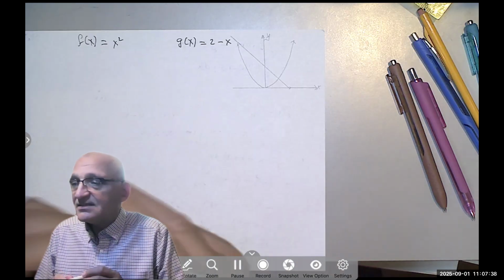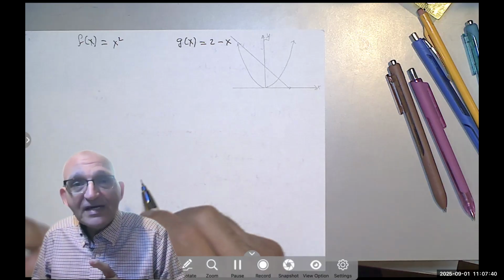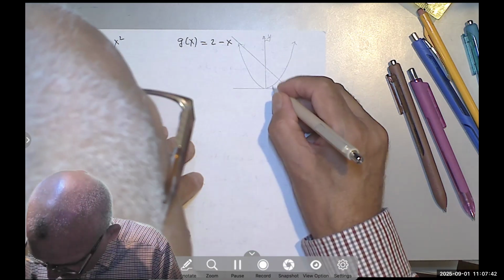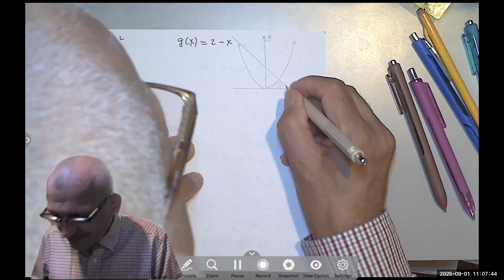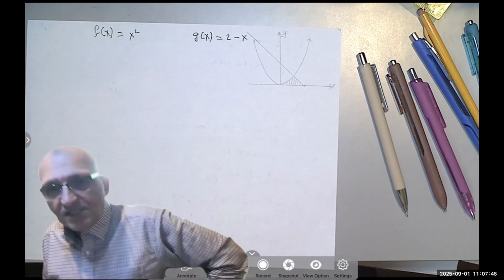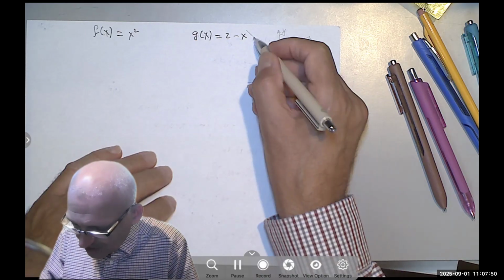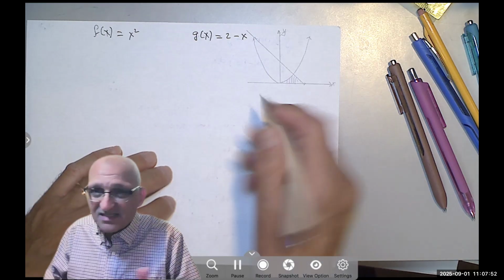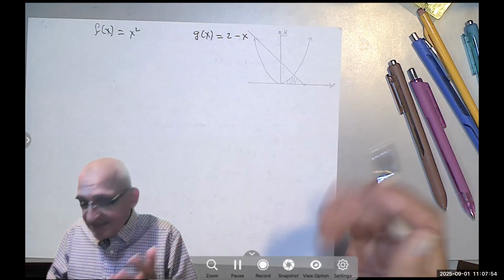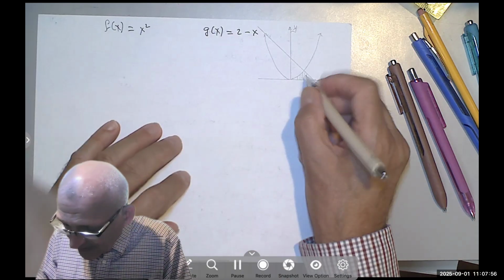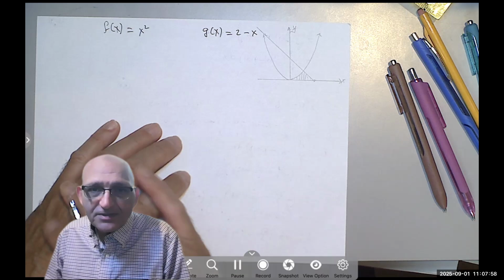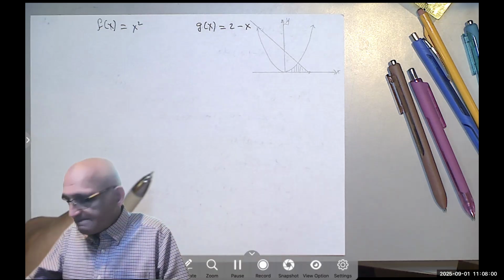But here, they want you to find this area. That's what I wanted to tell you. It's a little trickier than before. I don't want the area between the two curves. This is exactly the example we did. But now I want to find the area between these two shapes. Okay?